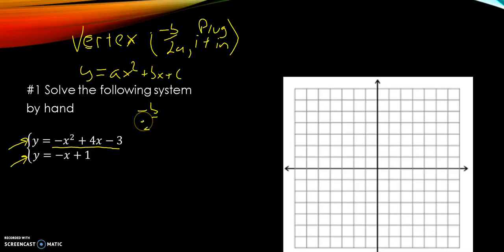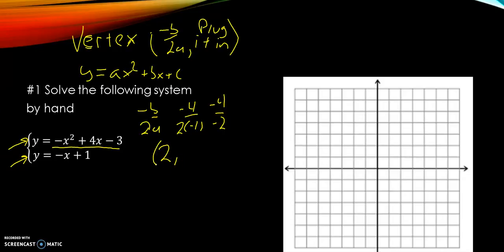And so there's a 2a. Our b value is 4, so we're going to have negative 4 over 2 times negative 1. 2 times negative 1 is negative 2, and negative 4 over negative 2 means our x-coordinate is 2.